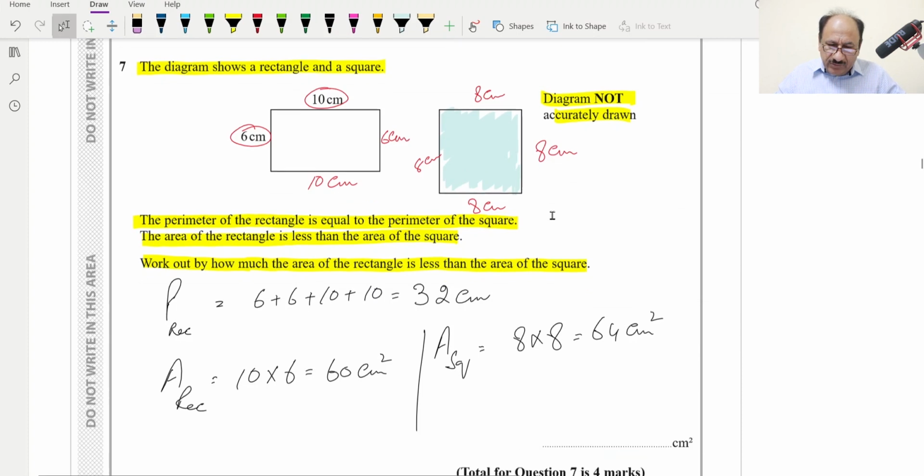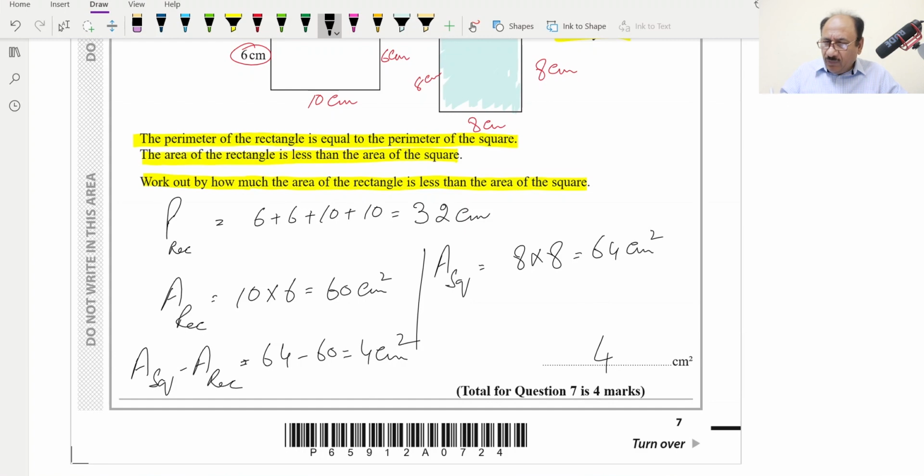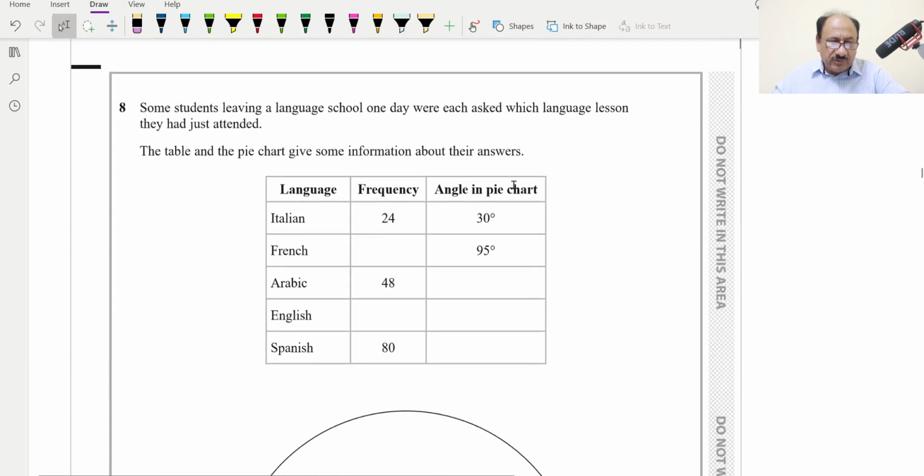So the difference between the areas: area of square minus area of rectangle will be equal to 64 minus 60, which is equal to 4 centimeters squared. So the difference will be 4 centimeters squared, as already written. So we are done with this question.